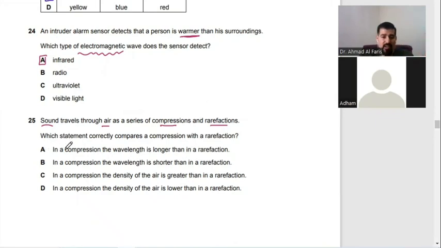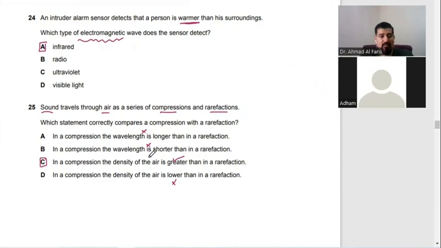A: in compression the wavelength is longer? No, there is no wavelength difference between compression and rarefaction. In compression the density of the air molecules is greater? Yes, because the air molecules are closer than in rarefaction. In compression the density of the air is lower? Not correct. So the answer for 25 is C. Yes, thank you, Shabab, Muhammad, and Maryam.